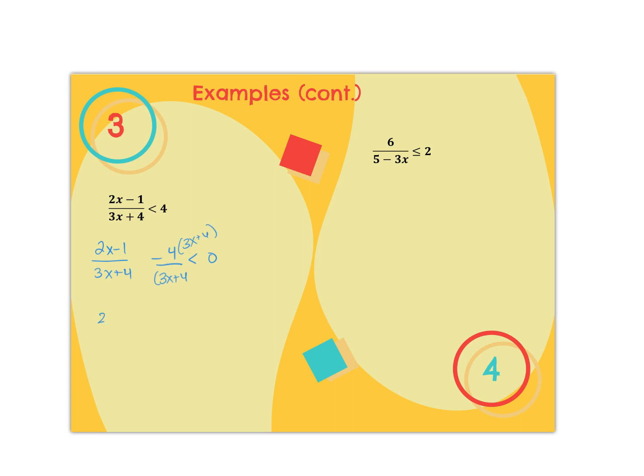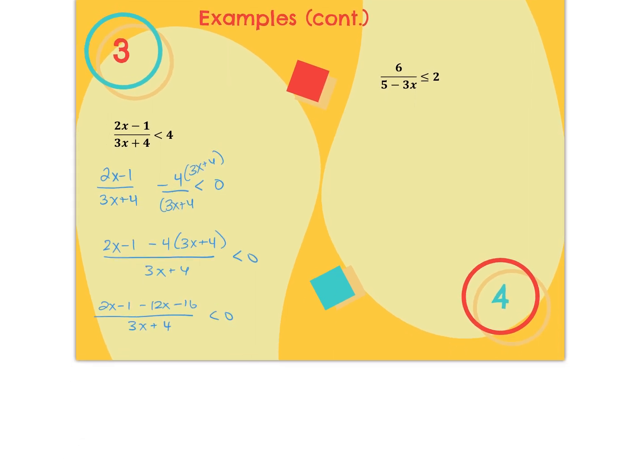Okay, so I'm going to get 2x minus 1 minus 4 times (3x plus 4) all over 3x plus 4. And I'm going to have to distribute. So I'm going to get 2x minus 1 minus 12x minus 16 all over 3x plus 4.